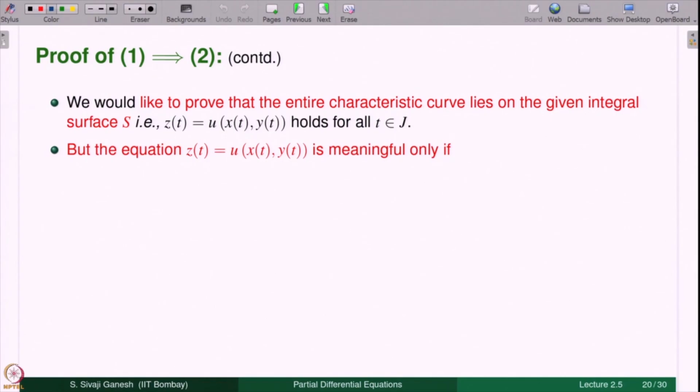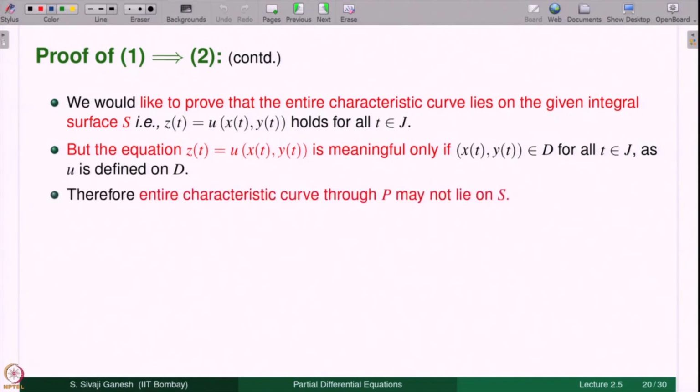But this equation is meaningful if and only if (x(t), y(t)) belongs to the domain of u. The domain of u is already fixed, u is given to us, defined on a domain D. Therefore, it is meaningful only if (x(t), y(t)) belongs to D for every t in J. Whether it is true or false is a different issue. First, whether the equation makes sense: is it a legitimate question or not? u is defined only on D, that is the reason.